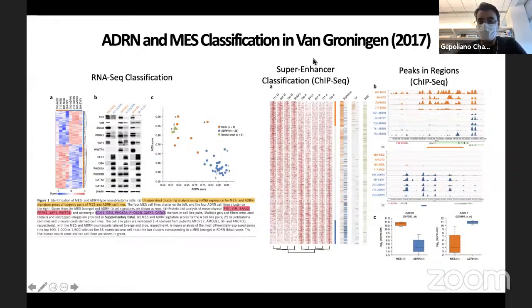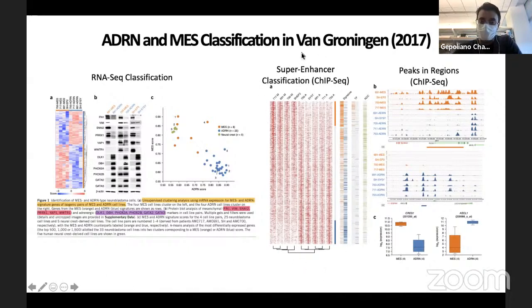There are also different types of classification where, other than RNA-seq, you use chromatin immunoprecipitation sequencing, and that's based on chromatin accessibility. So these enhancer regions are regulatory regions that interact with the cellular machinery that is responsible for the expression of the genes, basically the expression of the proteins. So this is at the level of epigenetics, not genetics.